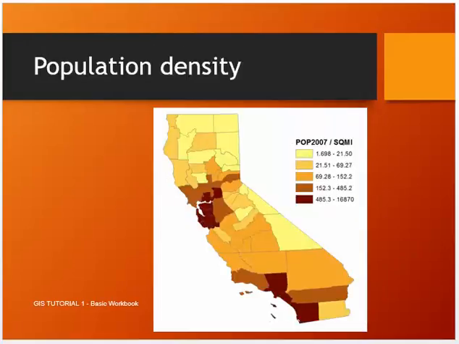Here's an actual density map. This is the population divided by, or normalized by, the square miles of each county. So we see in the inland north, very sparsely populated. Coastal counties down south and around the Bay Area, high population densities.